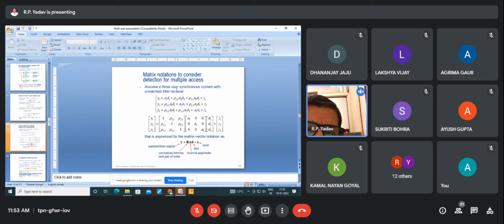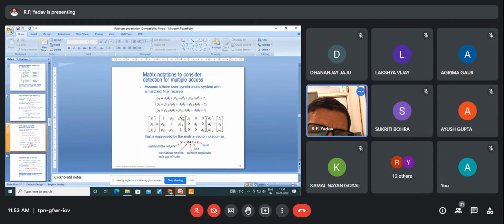Suppose a three-user synchronous system with a matched filter receiver. Let's say only three users are there. Each user output is y1 = a1 d1 + rho21 a2 d2 + rho31 a3 d3 + z1. So I calculate y1, y2, y3. For y2, there is rho12 a1 d1 along with the on-signal a2 d2 and a3 d3.